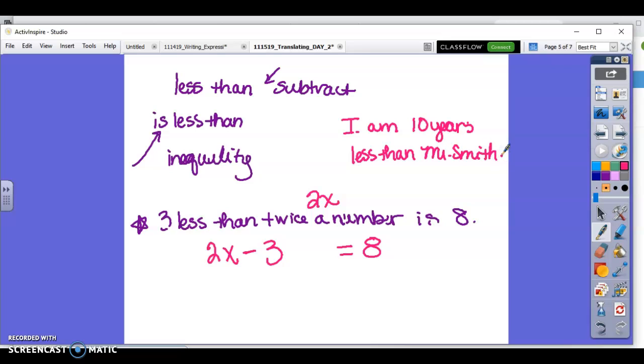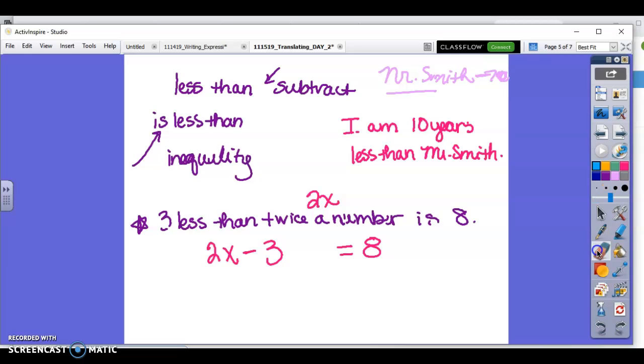If you want to find out my age and you know that I am 10 years less than Mr. Smith, the first thing you would need to find out is you would need to go, okay, well, Miss Crew, how old's Mr. Smith? Right? So you would take his age and then you're going to subtract 10 because I'm 10 years less than him. So you would take him and subtract 10, right?